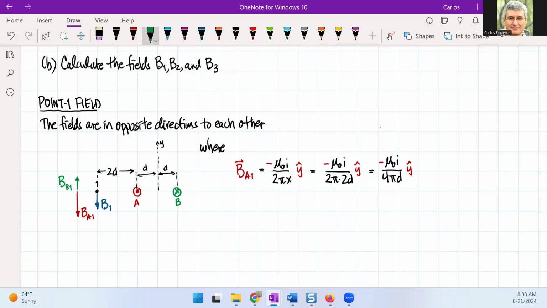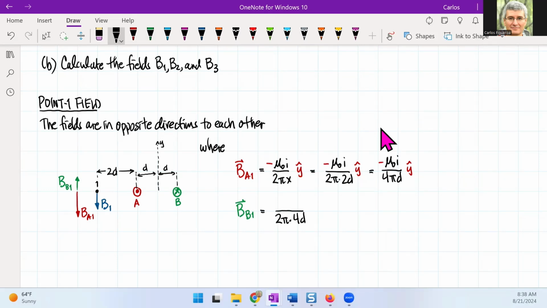Now I'm just going to repeat the same thing with B. So if I look at B, note that we have the exact same equation, so I'm just going to use the equation from above. So this should then be 2π times 4d, because it's 4d away.